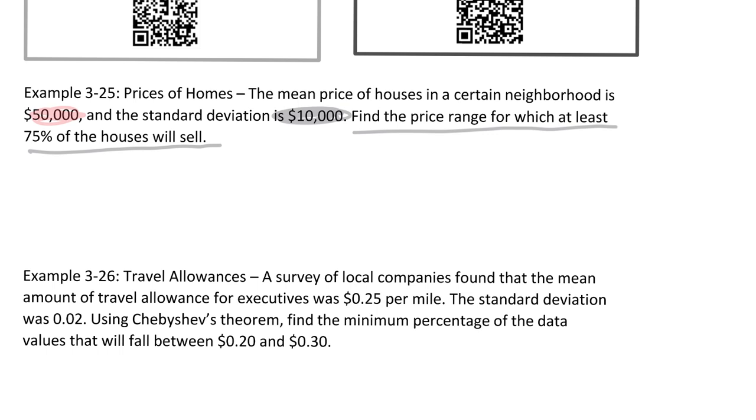Okay, so 75%, if you remember from that table with Chebyshev's theorem, we're talking about 2 standard deviations. So we're going to have our average, and we're going to use that formula. It's the average plus or minus k s, where k changes based on the percent.